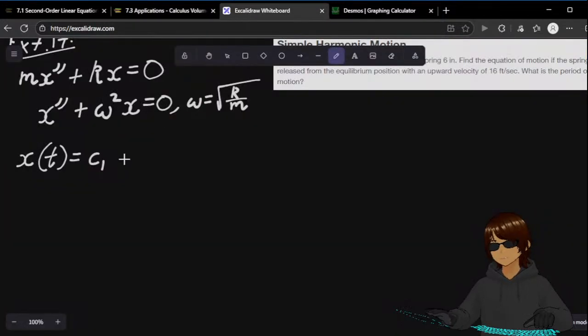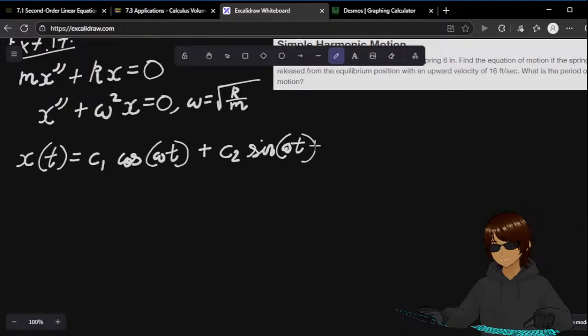The solution is C1 cos omega t plus C2 sine omega t.